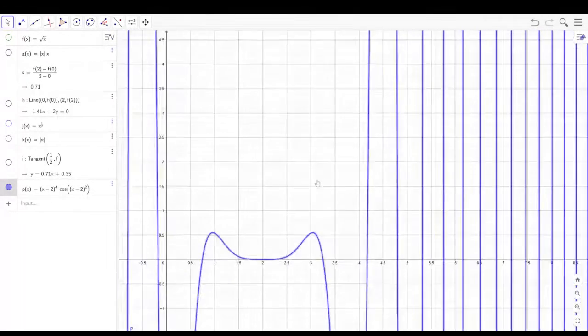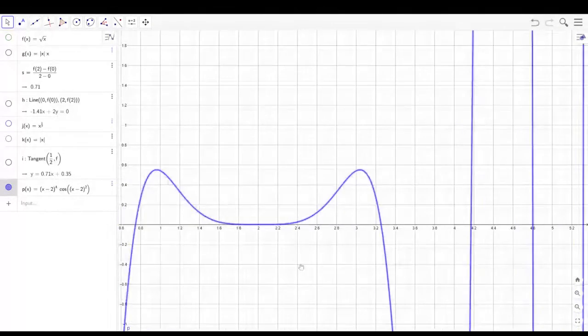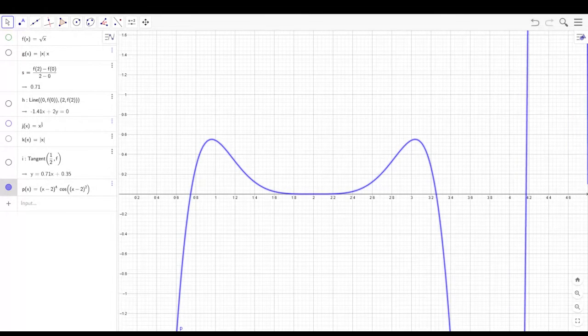Yeah? Okay, so in the chat, yes or no, right? Does this graph have a zero derivative between x equals 1 and x equals 3? Okay, Zach says yes. CG, yes.